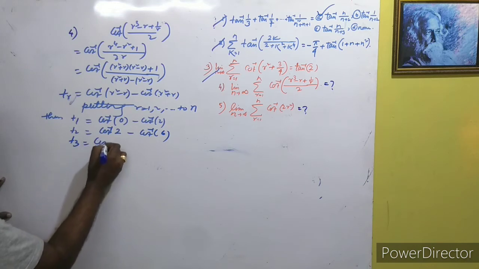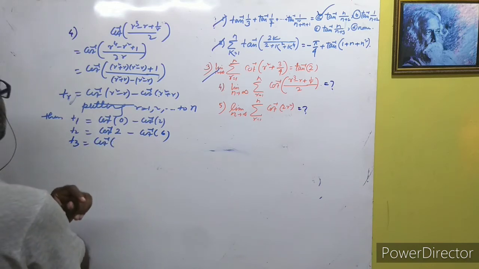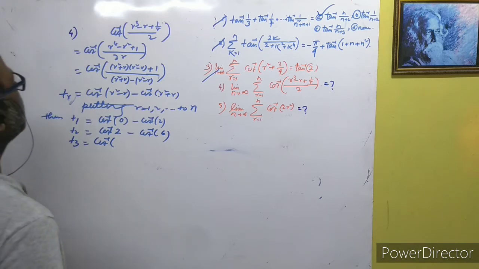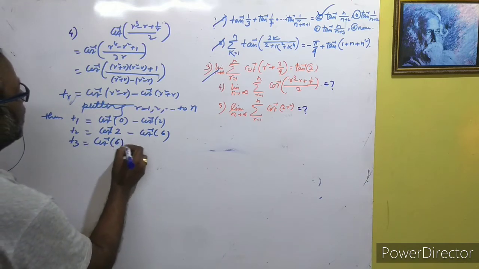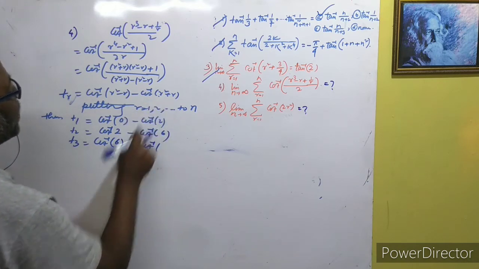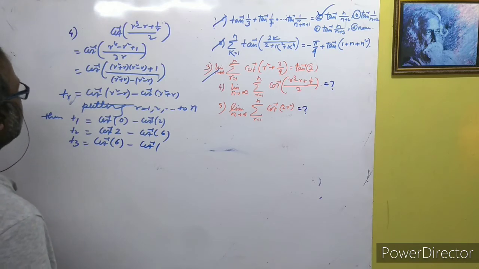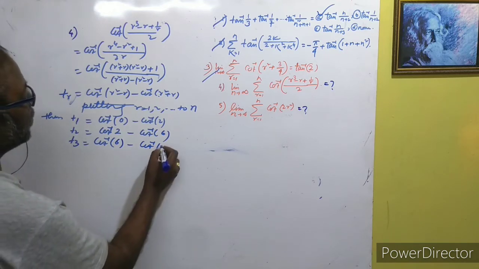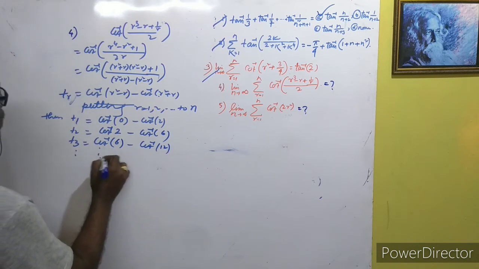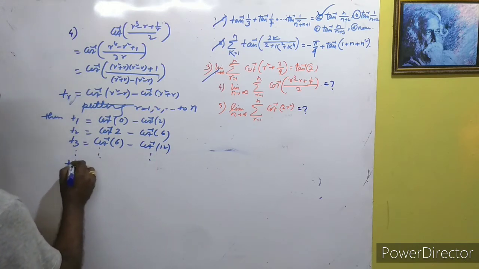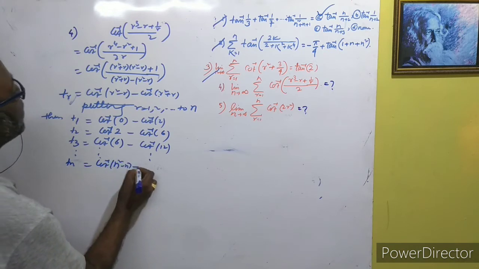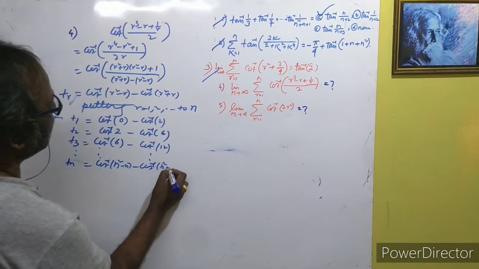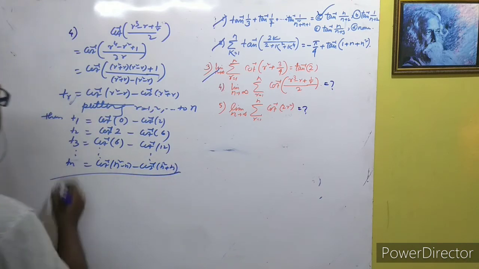T3, so cot inverse, if we put 3, so 3 square minus 3, 9 minus 3, that is 6, and cot inverse 9 plus 3, that is 12, and so on. This is Tn, that is cot inverse of n square minus n minus cot inverse of n square plus n.